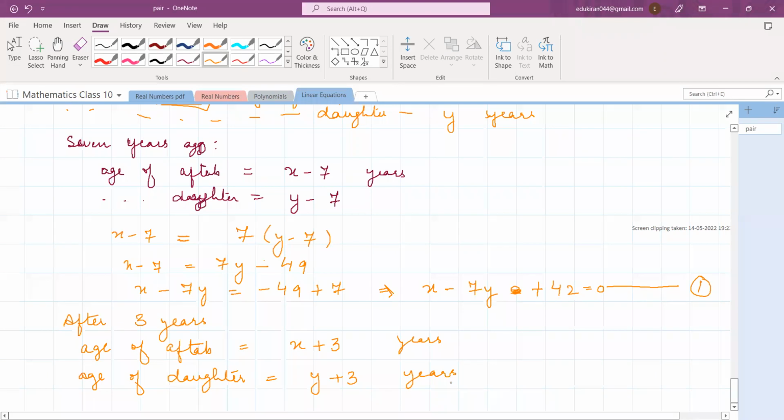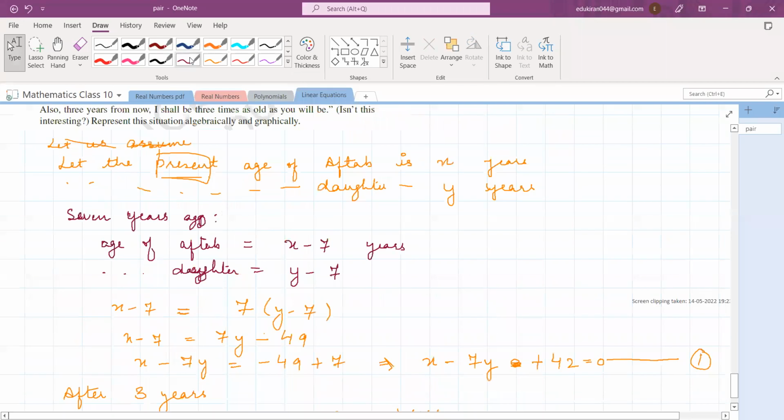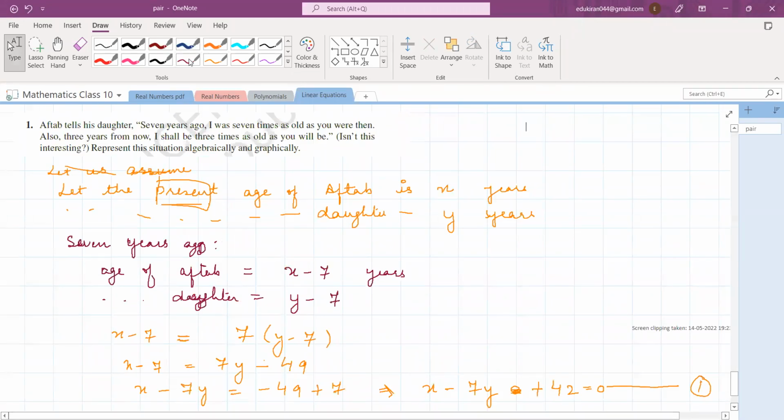Yes. Now come to the stated condition which is given. I shall be, that means Aftab will be, so basically your X plus 3 will be how much? As 3 times as old as you will be. So 3 times of the daughter's age, which is Y plus 3. This is the equation.